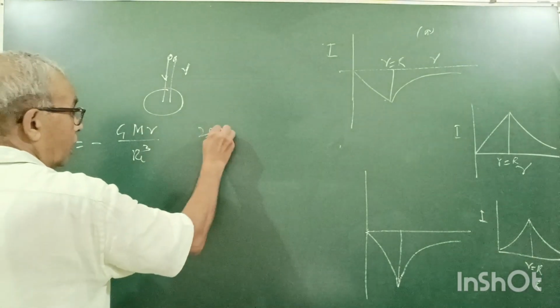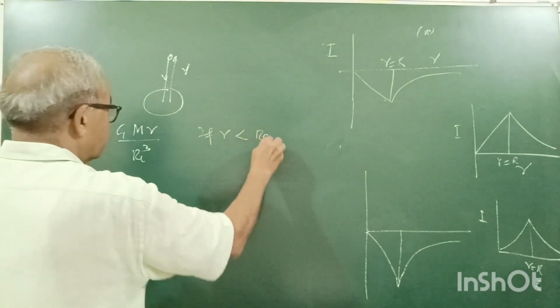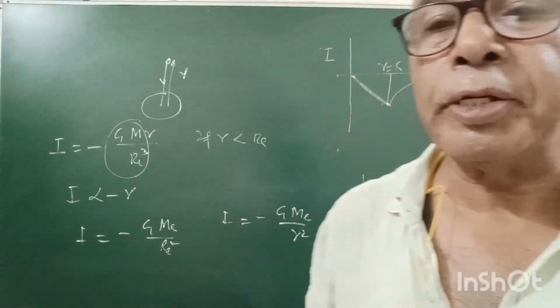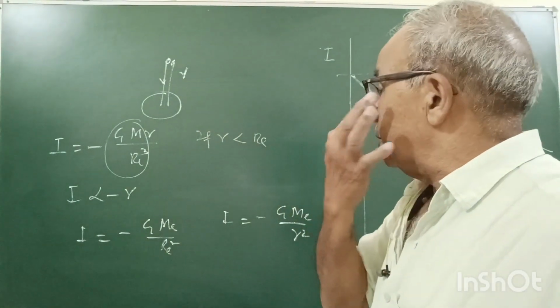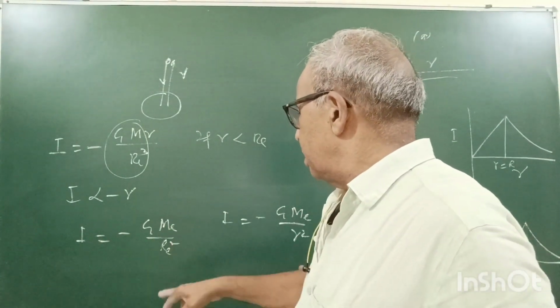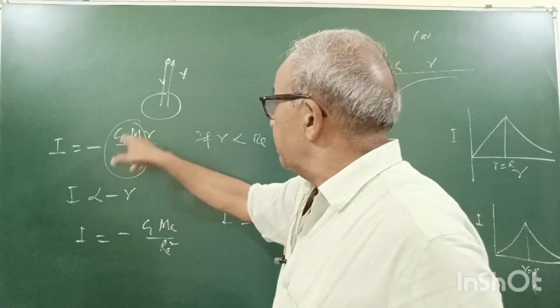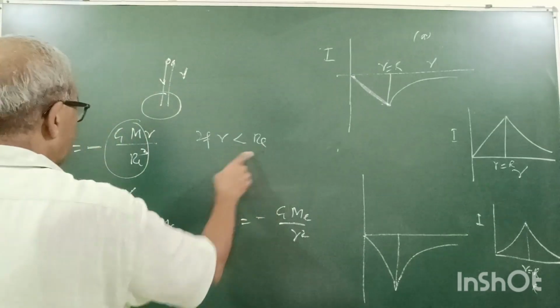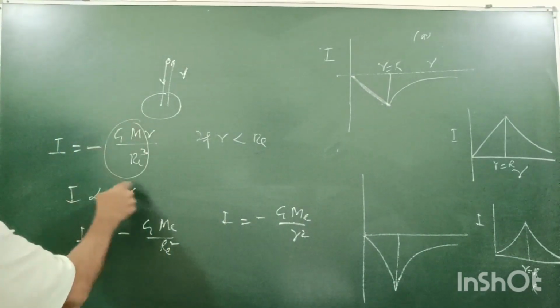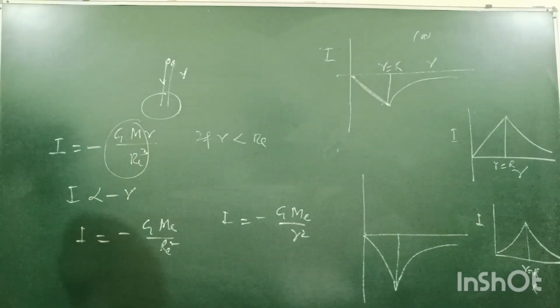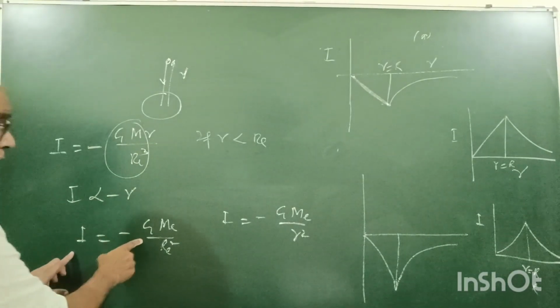If r is less than RE, this thing is constant. Yes, dear friend, here potential energy. I am telling you that it is minus G M upon RE inside Earth. If r is less than RE, then it is this. So inside this is constant. And therefore I put minus r at Earth surface minus this.